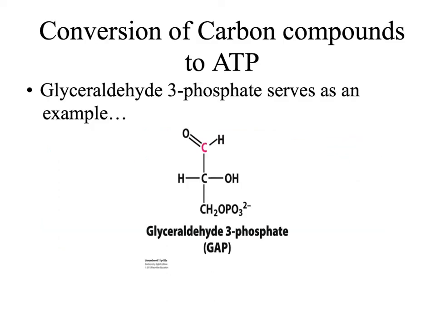As just an example of how the oxidation of carbon compounds ends in the production of ATP, we can use glyceraldehyde 3-phosphate. This is not the only example that exists. This is just a way for us to see one case where we can take a carbon-based compound and break it down, and in the process of breaking this down, we can get ATP out of it.